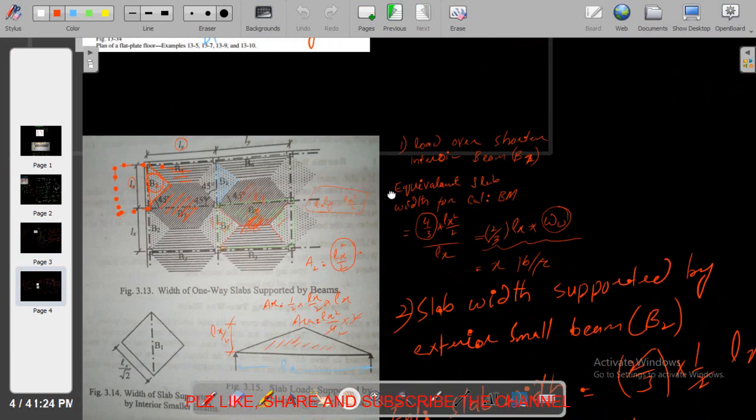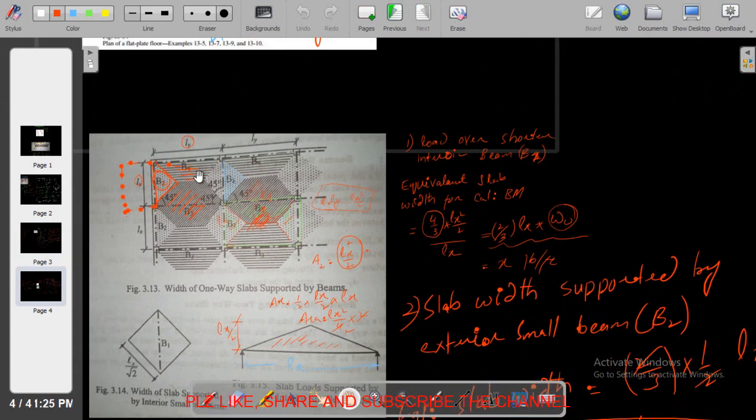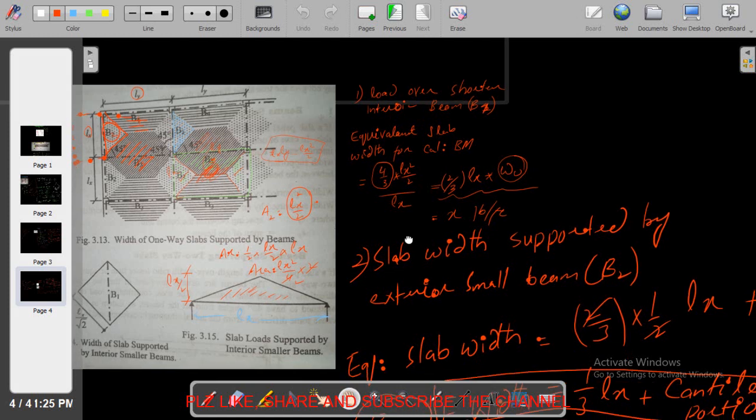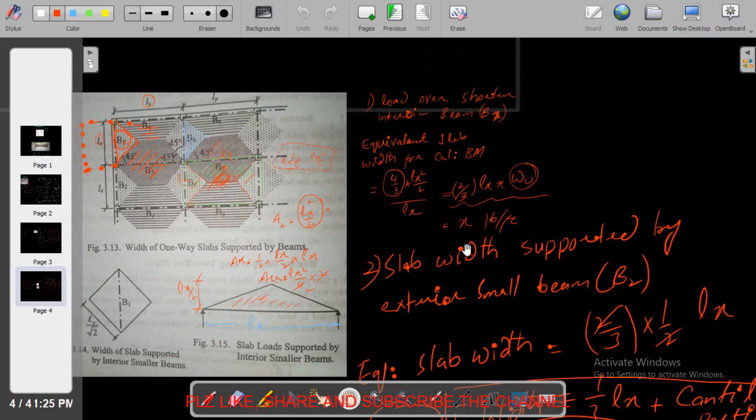So in that case we can see we have 4 cases. For beam B1, the short beam, we have double triangular loading. In that case the equivalent slab width for calculation of bending moment for B1 is equal to 2/3 Lx times Wu, which is the unit load we have calculated right now, right?